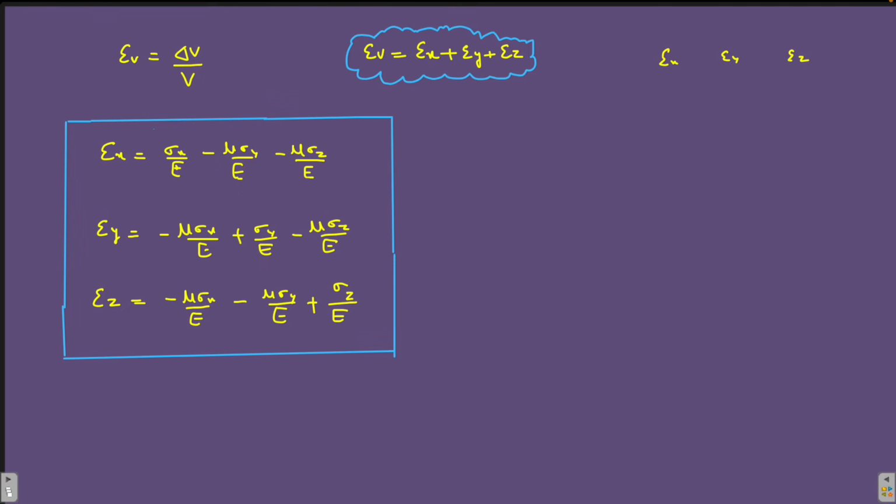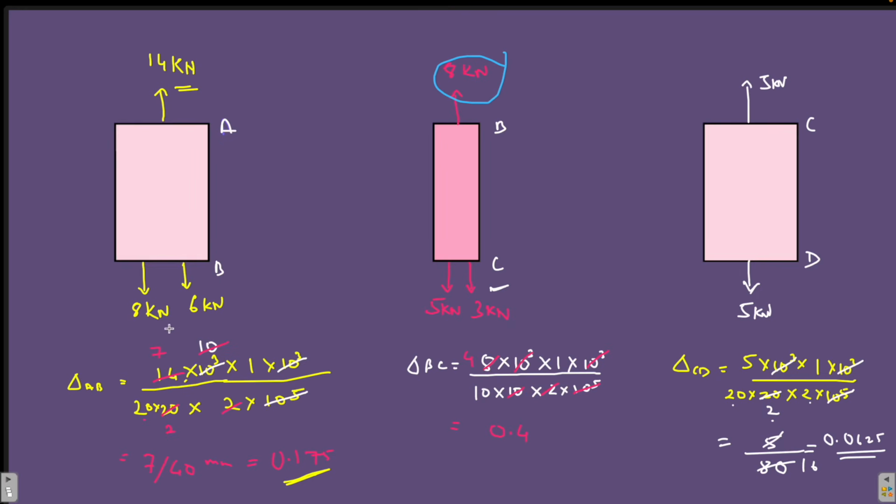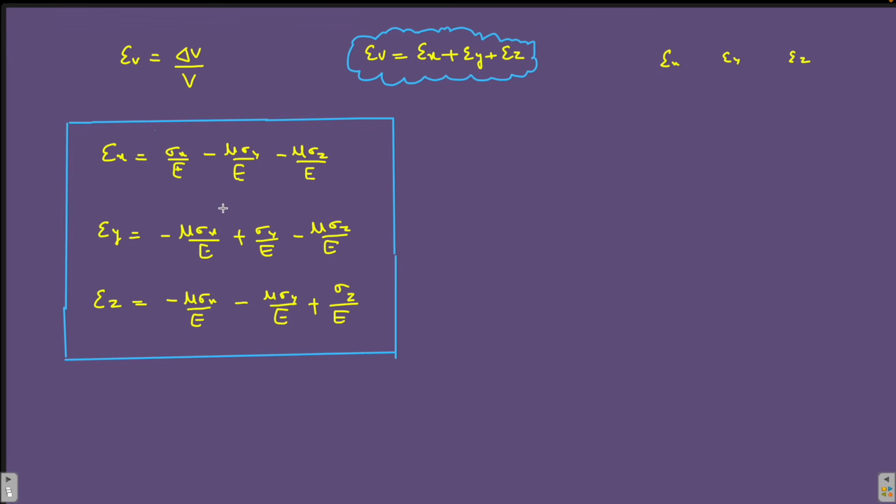Now let's draw the bar. So the first bar AB is having a 14 kilonewton of load in it. Let's draw this one. The bar AB is having a load of 14 kilonewton and it is tensile in nature, right? Now let this be x direction, let this be y direction and let this be z direction.